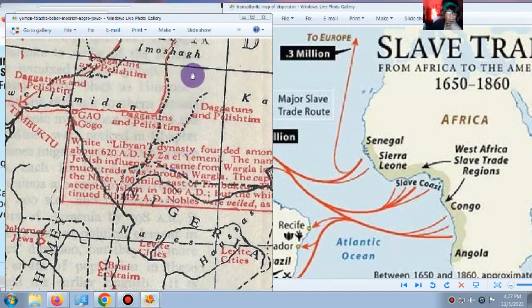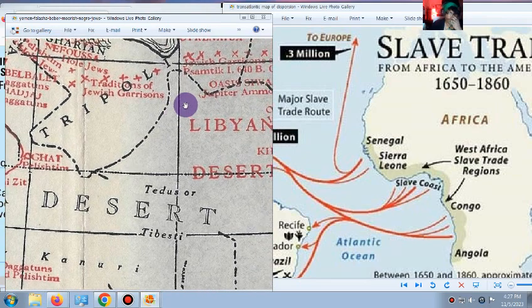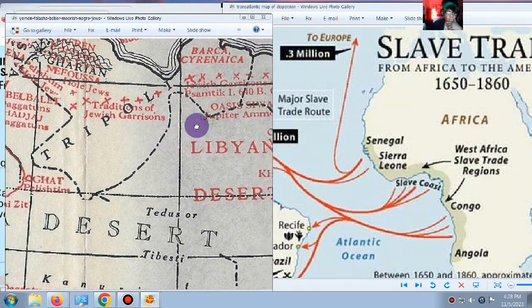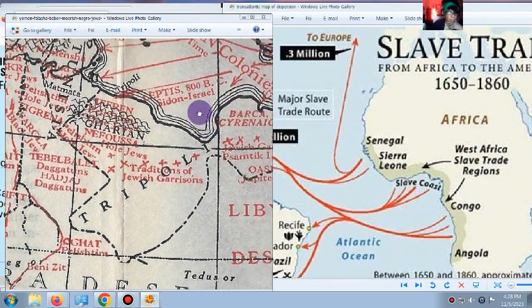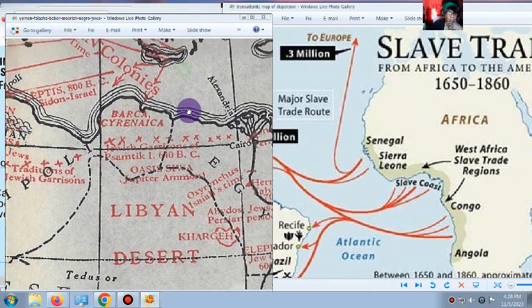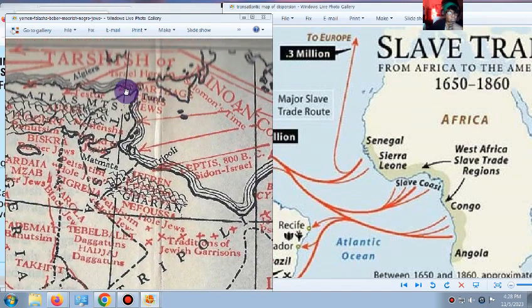It talks about up here, north of Northeast Africa, and like I said, the Arab slave trade seems to have focused on what they call the Middle East today, but it's Northeast Africa, like Mauritania, Libya, Tunis, the Berbers, the Berber Jews.